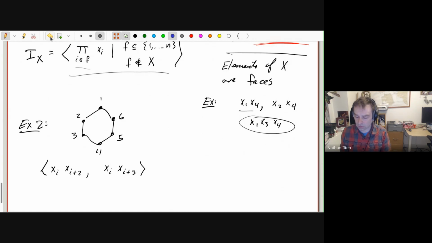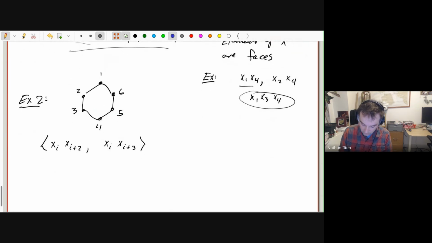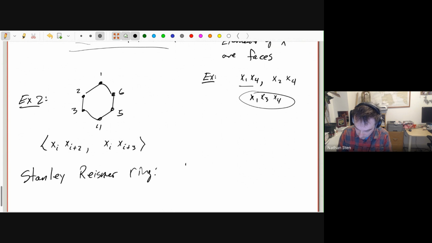OK, so now that I have an ideal, I can form the so-called Stanley-Reisner ring. I'll call this Sx, and I get this by taking my polynomial ring and taking the quotient by the ideal Ix.